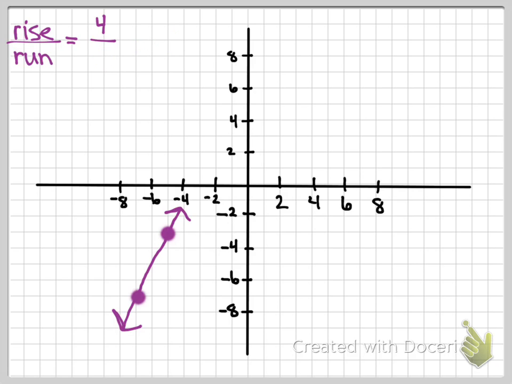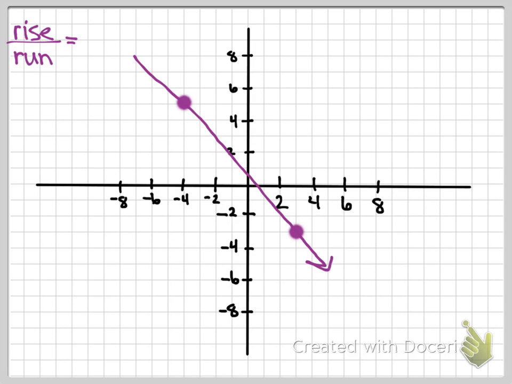Now, what about this one? What if I had a point here and a point here, and my line goes all the way through? Okay, so now, what's my rise? What do I start at?